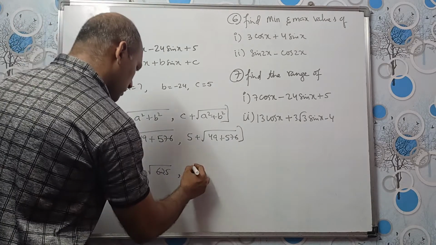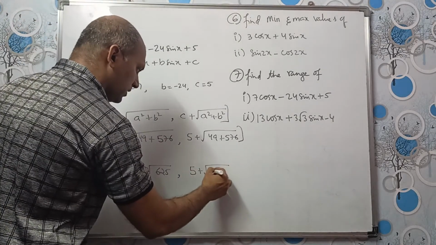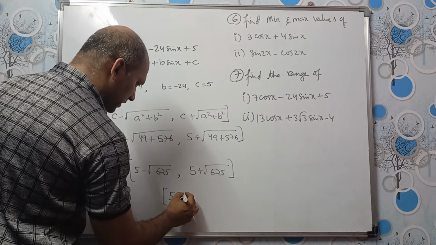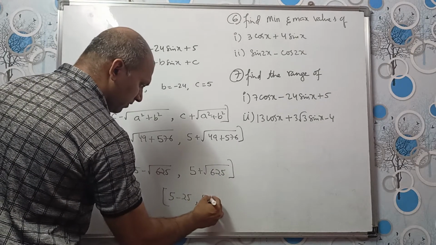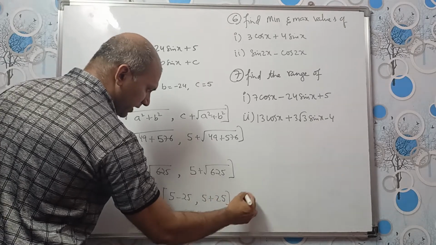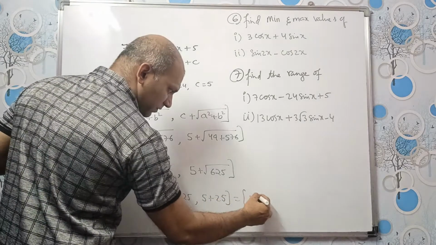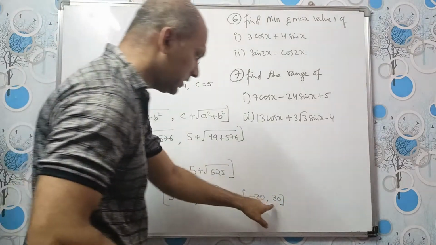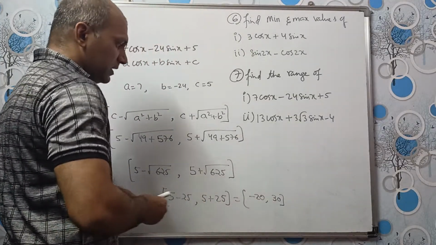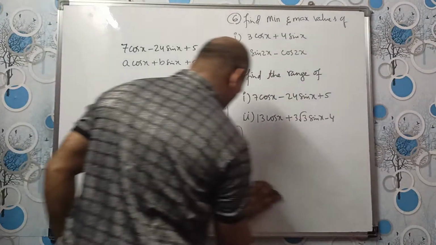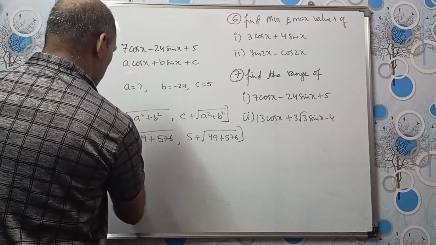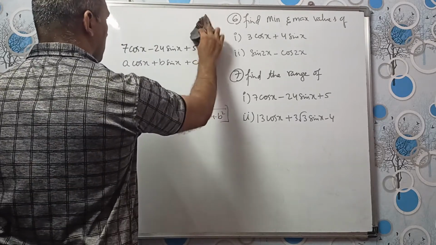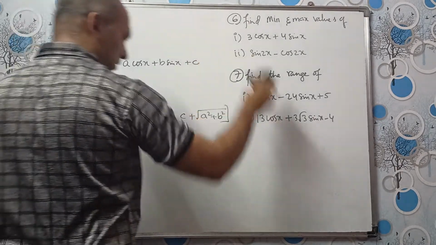Okay. 5 plus root of 625. 5 minus 25, 5 plus 25. So 5 minus 25 is minus 20, and this is 30. Maximum value is 30, minimum value is minus 20. Okay. Very easy problems. Let me rub this question.